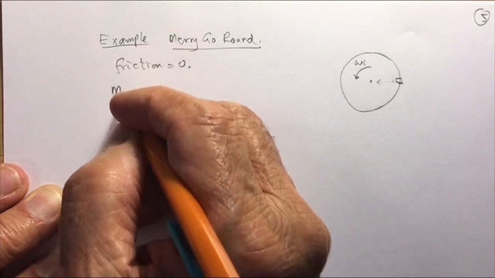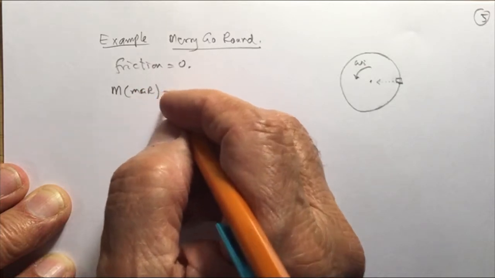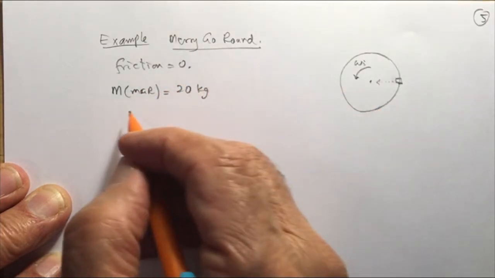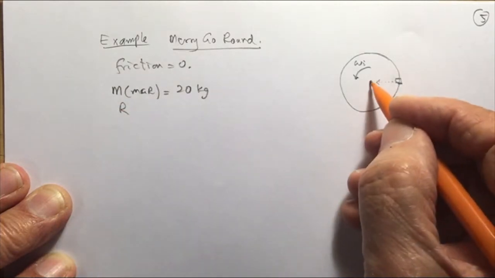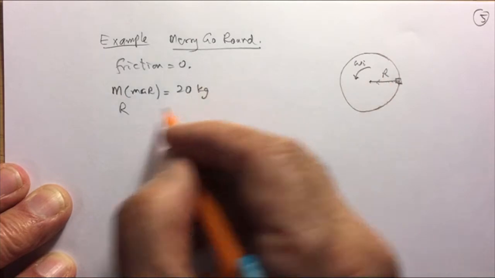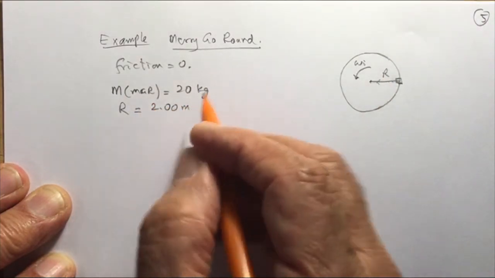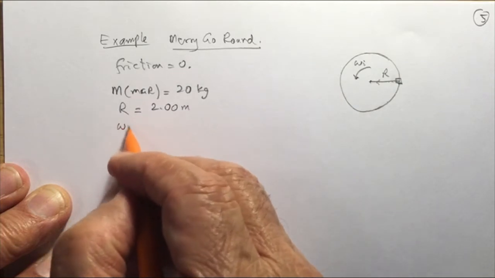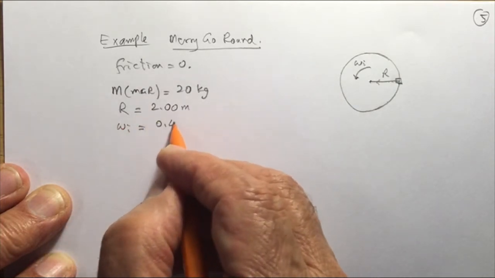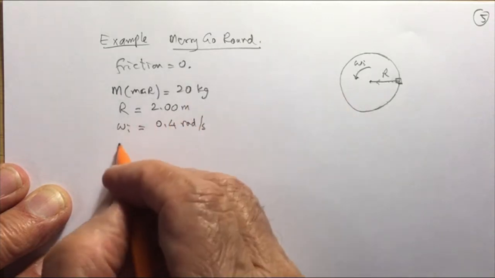The mass of the merry-go-round, let's take it as 20 kilograms, and let's say its radius, which is capital R, from here to here, is 2.0 meters, and let's say its initial angular velocity is 0.4 radians per second, and it's like a disk.